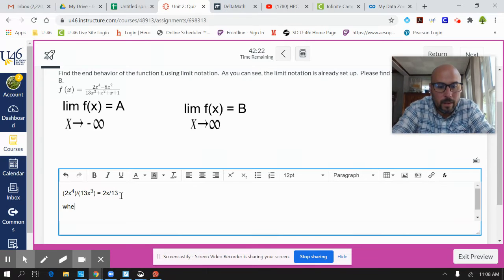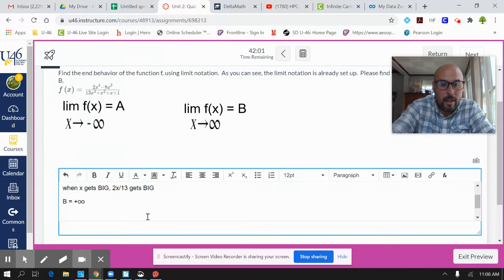Well, when x gets big, 2x divided by 13 gets big. So that means b equals positive infinity, because b is the y value that is being approached when x gets really big.